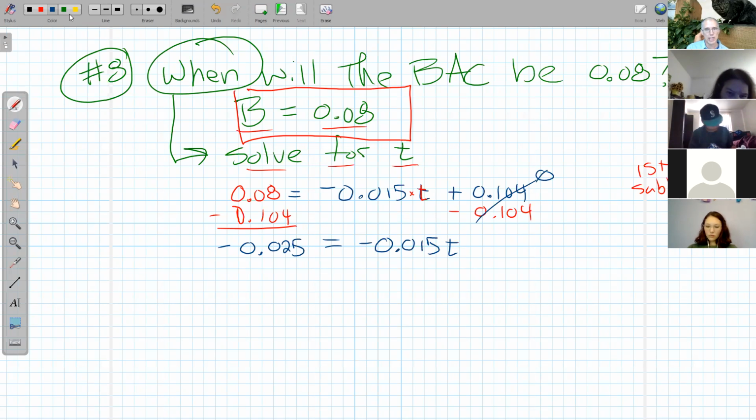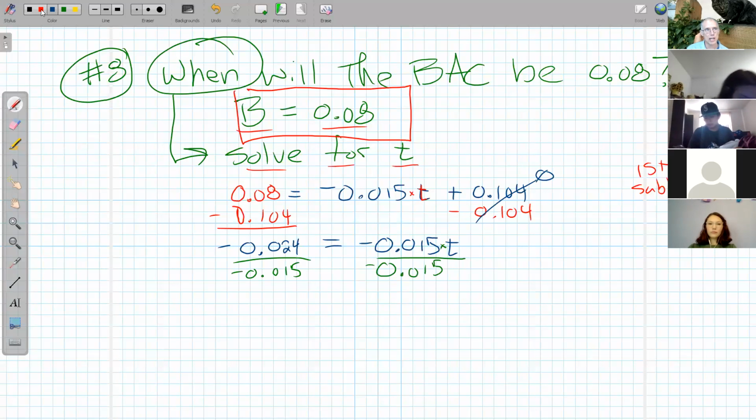And then to cancel a multiplication here, I just divide by whatever is being multiplied, which is the negative 0.015. So I have to do that to this side too. And I miswrote something. That is not a 5, that should be a 4. So I need to ask my calculator, what is this division right here?